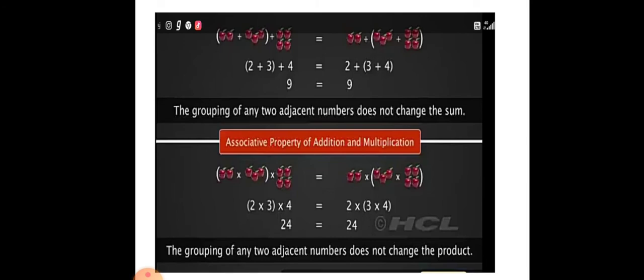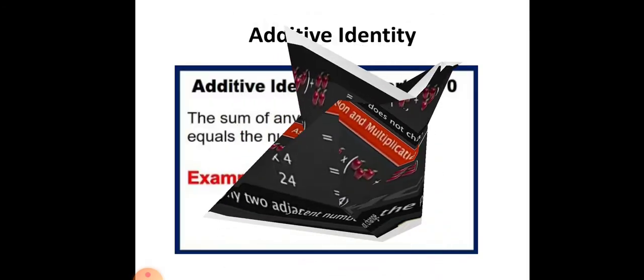The associative property applies for addition and multiplication only, and it does not apply for subtraction and division.